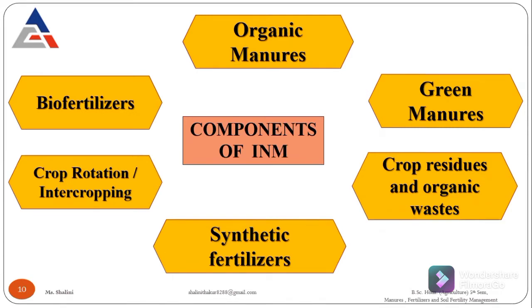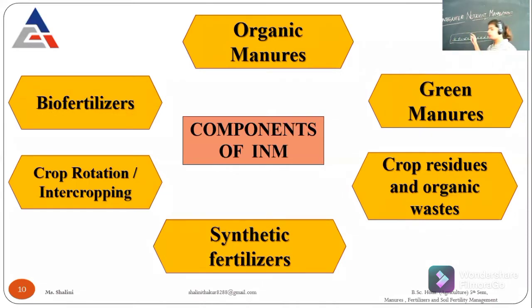Then I will talk about crop residues and organic waste. Nowadays we also prefer direct seeding. Suppose I have grown a wheat crop. After harvesting, the residues are left, and without burning them, the residue remains on the soil surface.